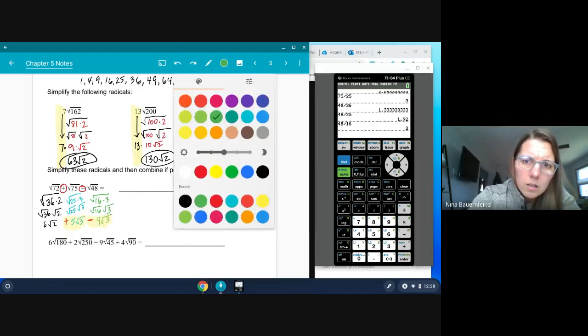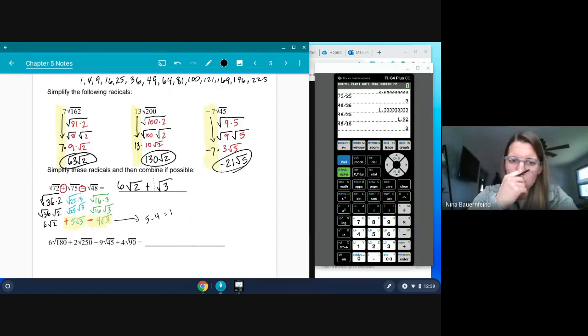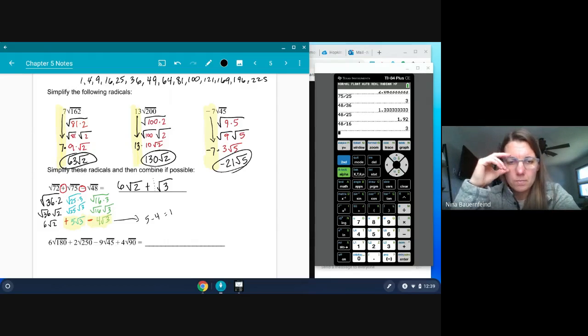Yes. So what we did was 5 minus 4 equals 1. So we're going to keep the 6 root 2, and then we're going to do plus, if you guys want to put a 1 there, you can, root 3. If you want to put a 1, you can. You don't have to. That's why it's dotted. It's optional.